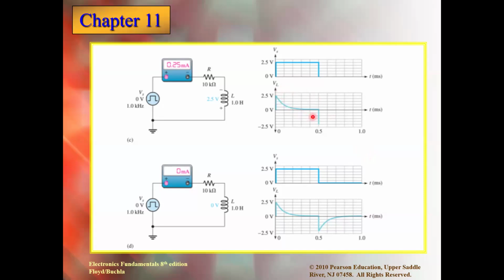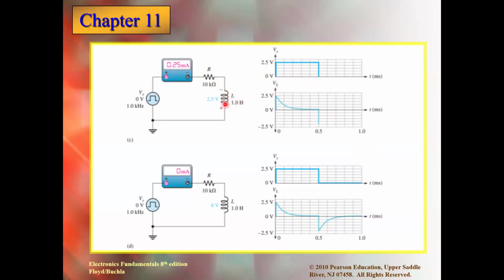Here the graph is not the current graph, it is a voltage graph, right? When the voltage is applied, we have Vs, the source voltage, and VL, the inductor voltage, keeps on decreasing. Initially the inductor behaves like an open circuit, so the voltage developed here is the same voltage you are applying.